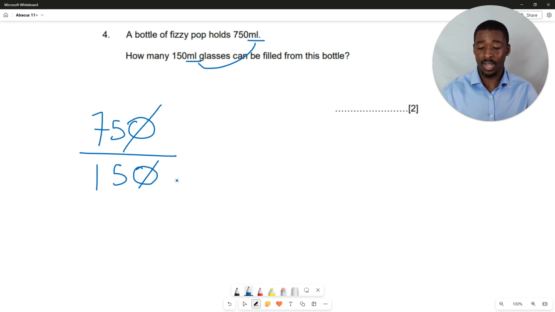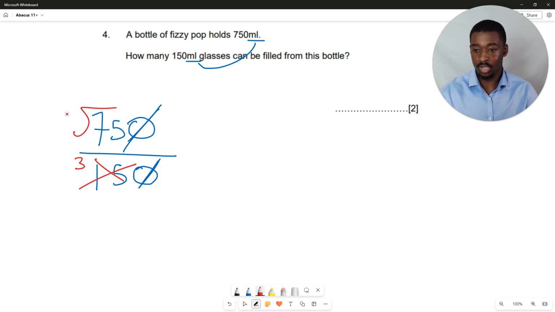So now it's a simple division. And we can take out the common factor of 10. So we remove the zeros, right? And then also, on this vertical line, we can take out the common factor of 5 because 5 goes into 15 3 times, right? 5 times 3 equals 15. And 5 also goes into 75.